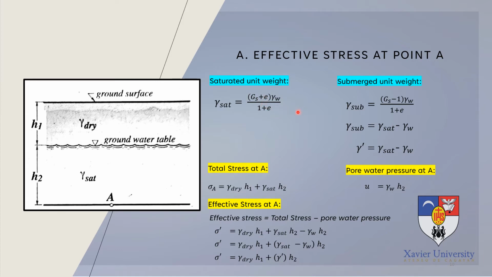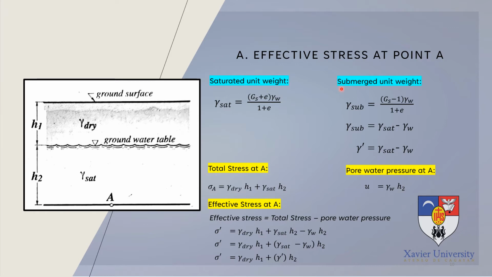So in a problem, if the gamma sat is not given, it could be that the given are specific gravity and the void ratio, which enables us to solve for our gamma sat. In this illustration, the layer with height h2 has a saturated unit weight, and the layer with height h1 has a dry unit weight.